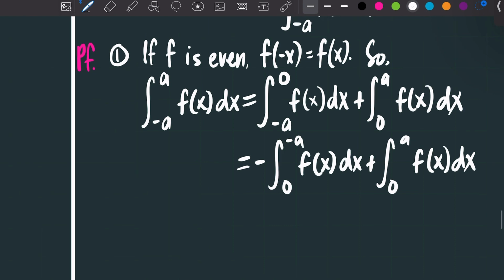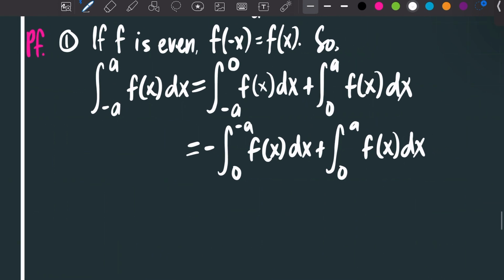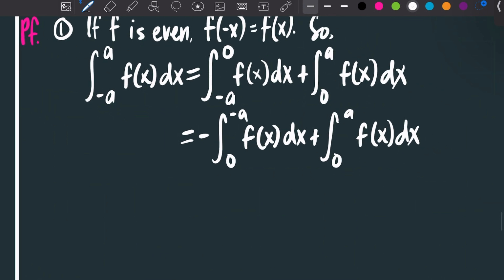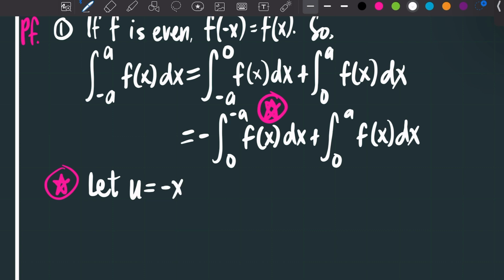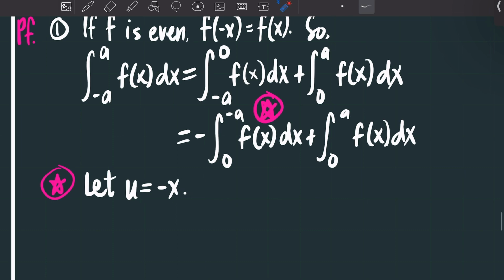And what we can do is try natin mag-use substitution. So, ito yung gusto kong galawin. For star, we try to let u to be equal to negative x. So, bakit negative x?